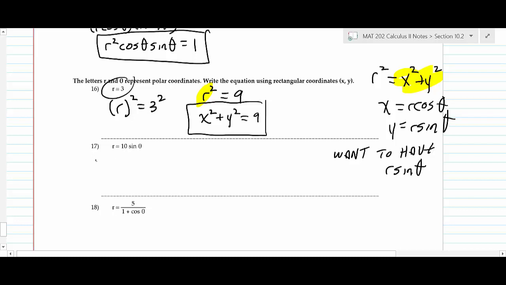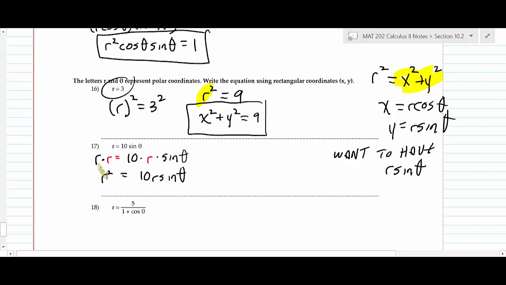You're going to do this all the time on these. Just multiply both sides of this equation by r. This is the key to doing this, because you want that r in there. And once I do this, you'll see why. Well, that's r squared. This is 10 r sine theta.